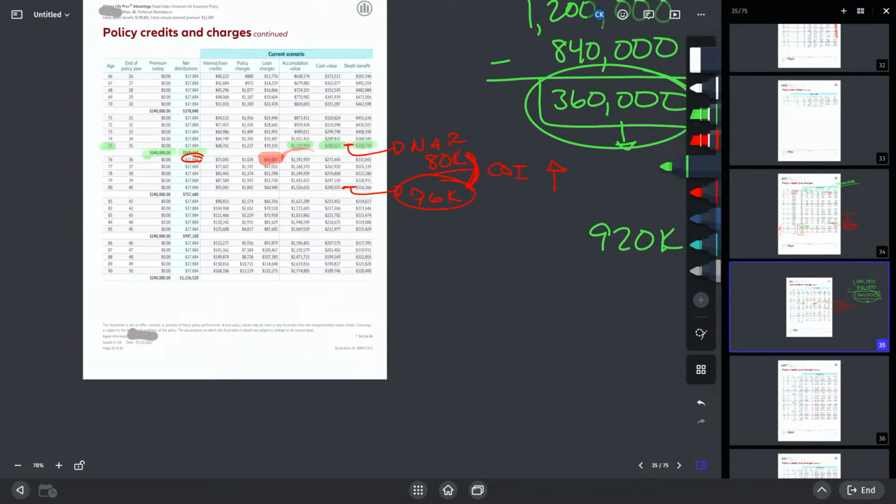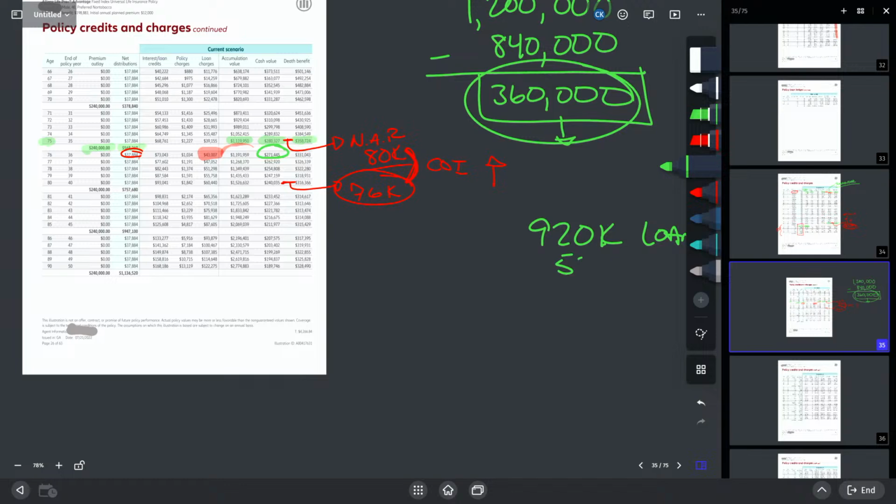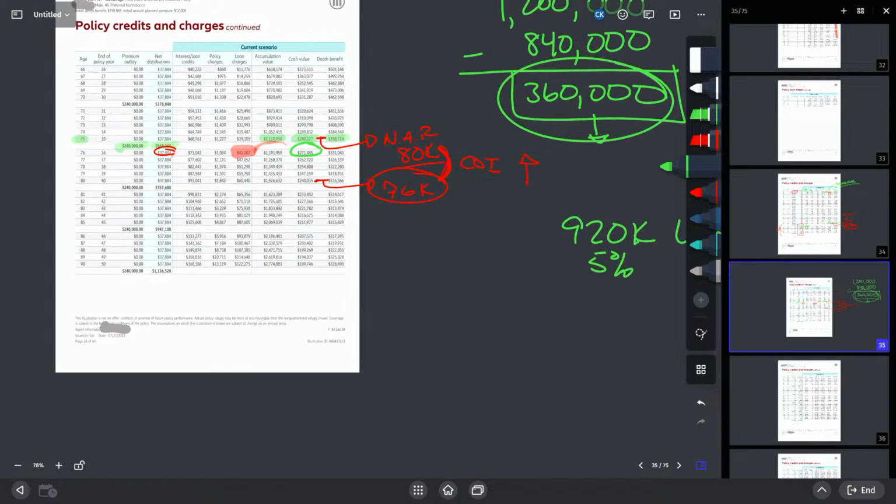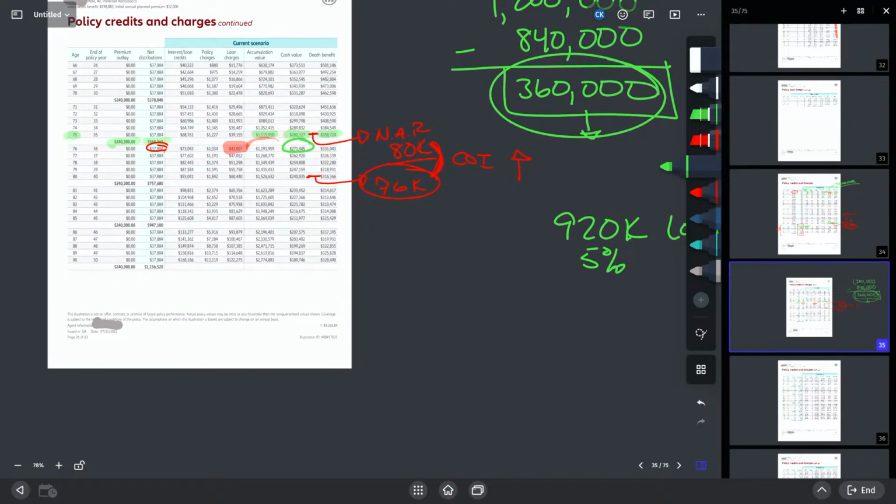And now what we have is 271K of cash value. Here's what happens. If we're paying 5% on this, right? And then we take our 37,000, I'm just going to say 40,000. We're at 960K, just to keep numbers really, really simple, really round for what we're talking about.